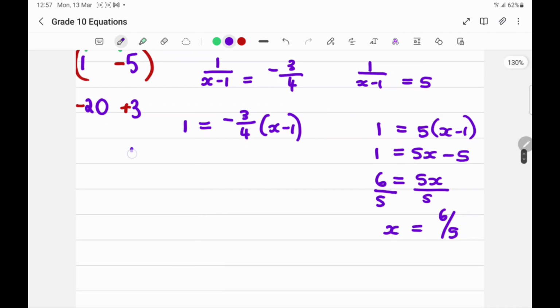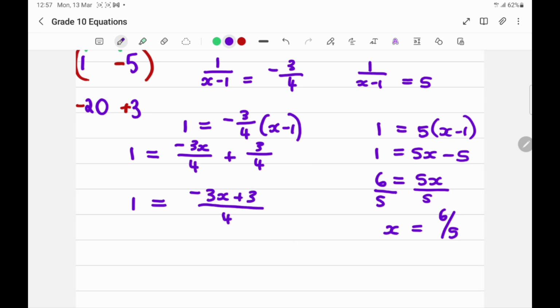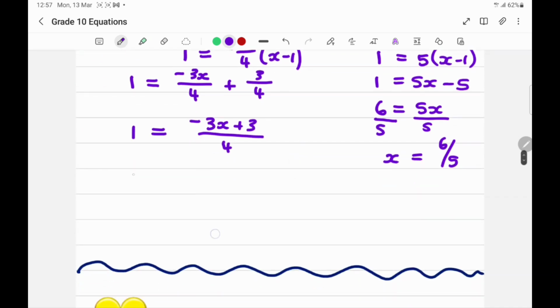Right, and then this side over here, 1 is equal to negative 3x over 4 plus 3 over 4, and then I can say 1 is equal to negative 3x plus 3 over 4, times by 4 on each side.